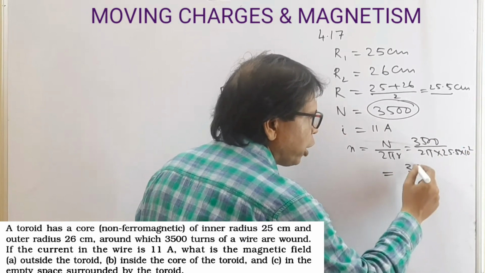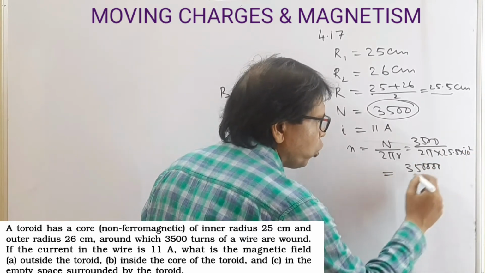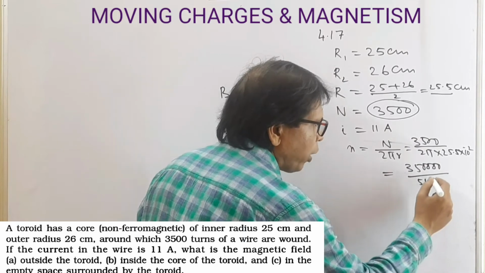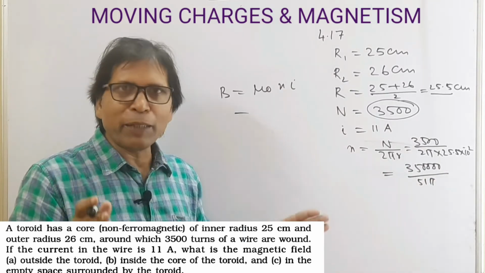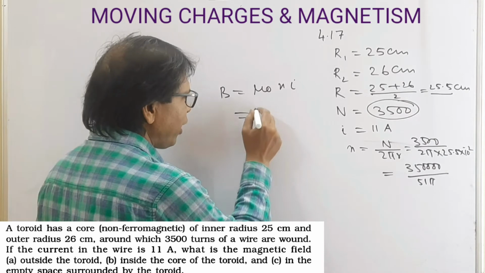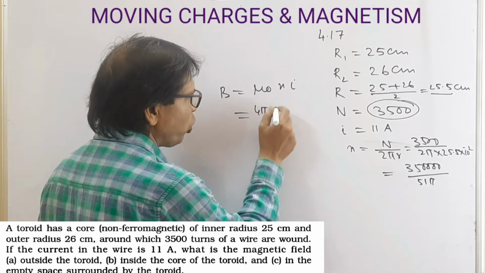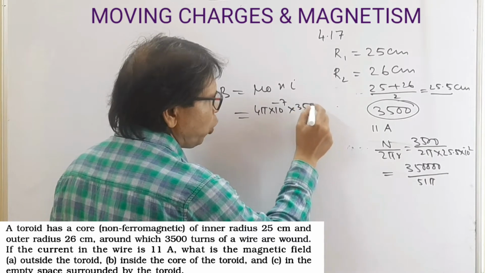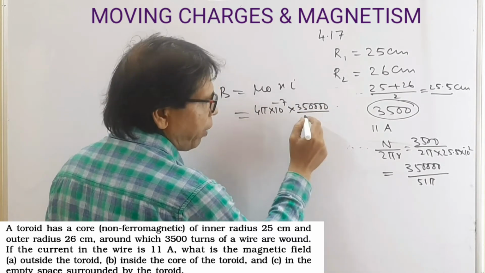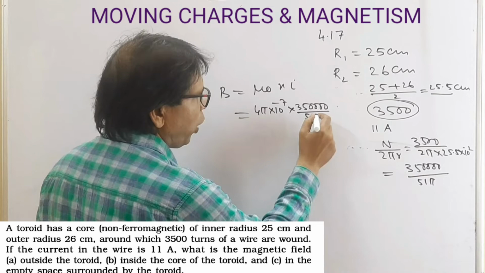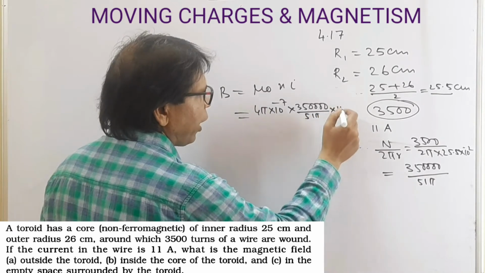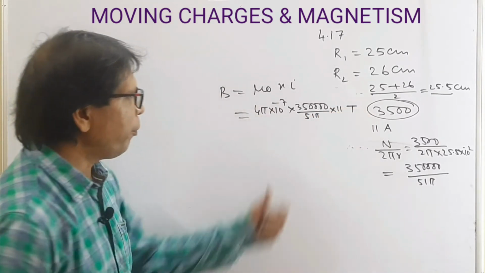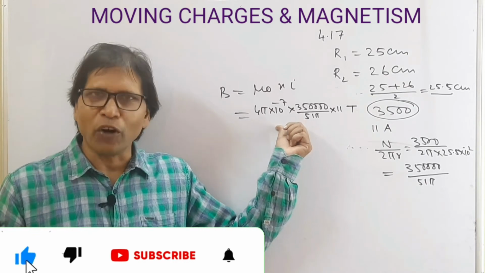So look at this, this is 350000 and this is 51 pi. Now magnetic field B equals 4 pi into 10 to the power minus 7, n equals 350000 divided by 51 pi, and this is the 11. So this is the magnetic field due to the toroid.